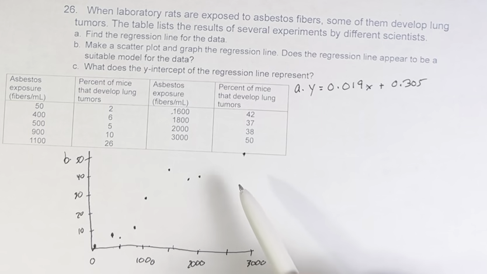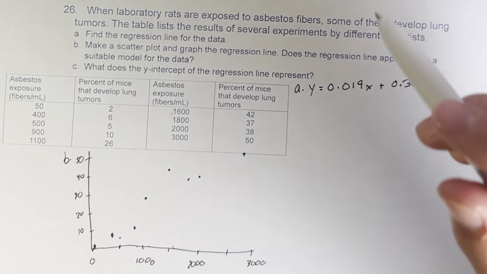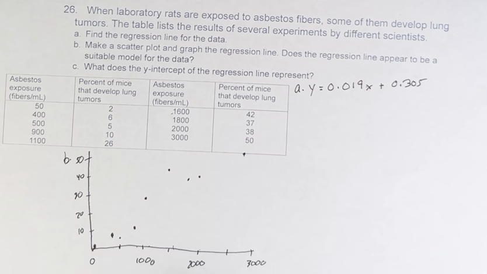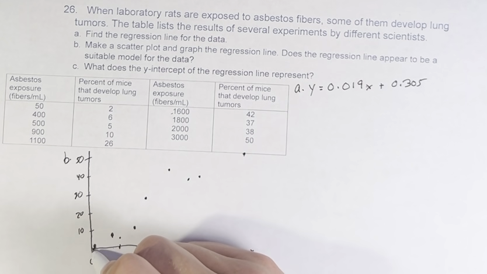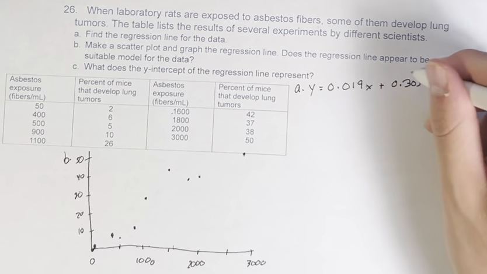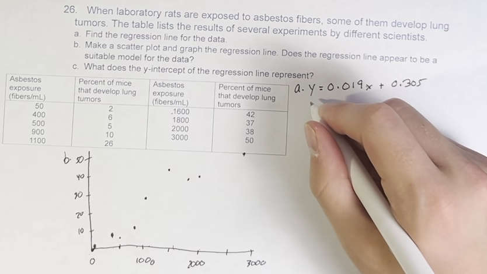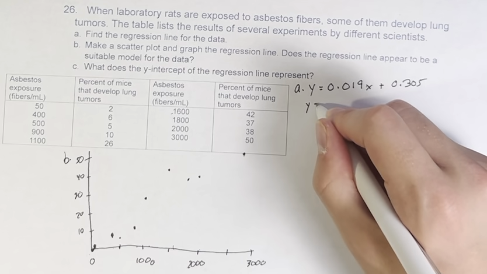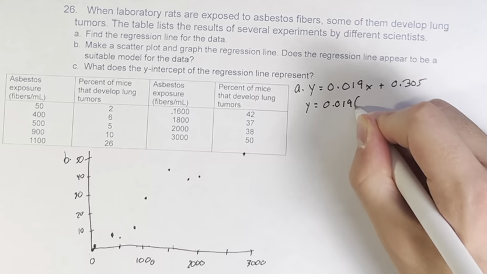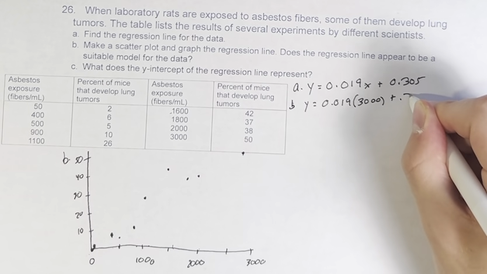Now we need to graph the regression line. The easiest way to do this is just to say, okay, we're basically starting at the origin, right? We're starting at 0.305. And let's pick a point, let's say x is equal to 3,000. 0.019 times 3,000 plus 0.305.